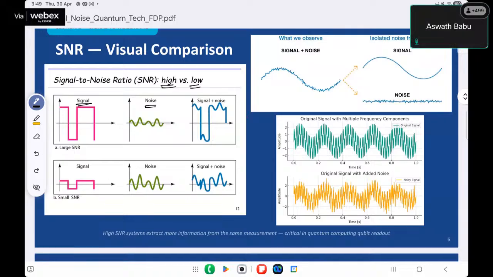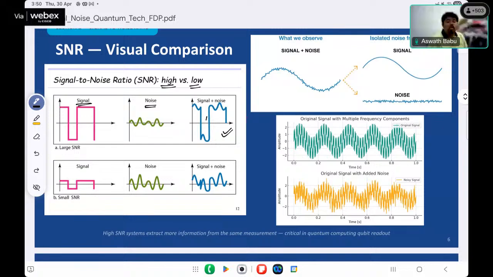If I am adding it, what kind of signal will I get? I'll be getting a signal like this. If I'm amplifying, the noise becomes amplified to such a level, and signal becomes such a level. And what would be my overall signal? It's fine, reasonable. I can figure out it is a nice rectangular waveform.